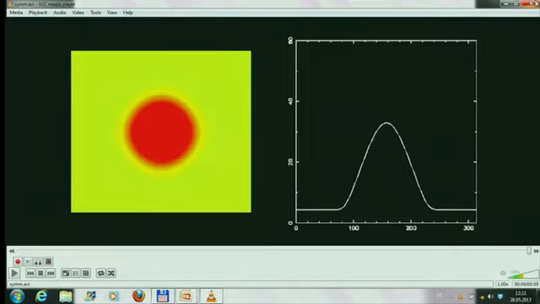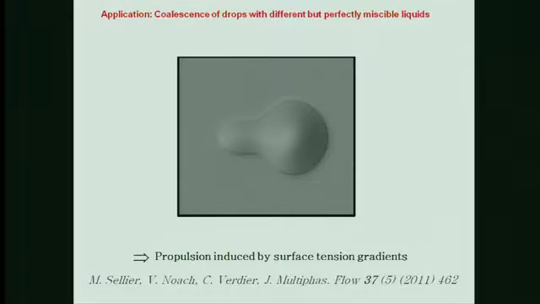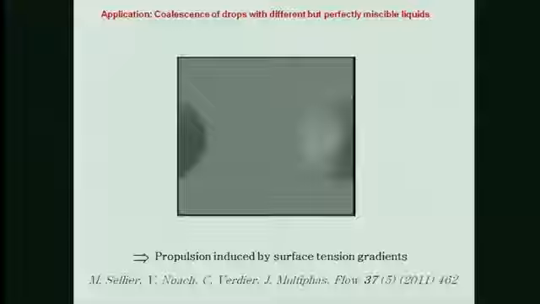And when we have coalescing assisted by Marangoni effects, we'll see that the coalescing is asymmetrical, and it is also pushed to the right, and here we'll find the rest, which will remain at rest.